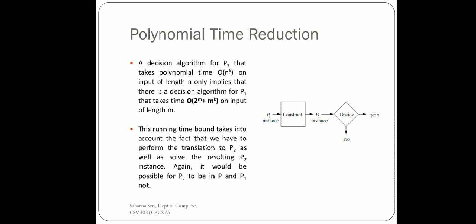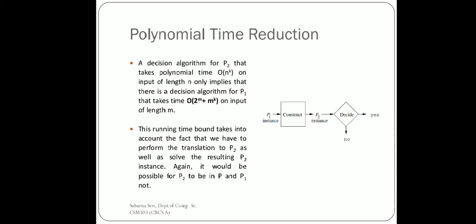On the input length of n only implies that there is a decision algorithm for P1 that takes time order of 2 to the power m plus m to the power k, right? Why is it so? Because for the decision algorithm of P1, since the length of the string is m, it will be m to the power k, and 2 to the power m is the total time taken for constructing the instances of P2 with the help of P1.